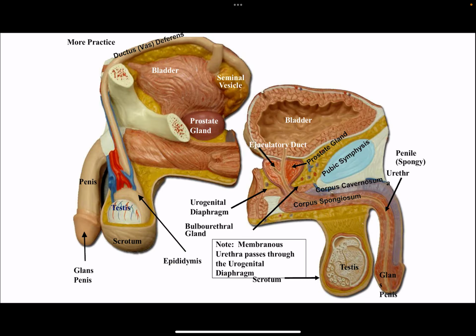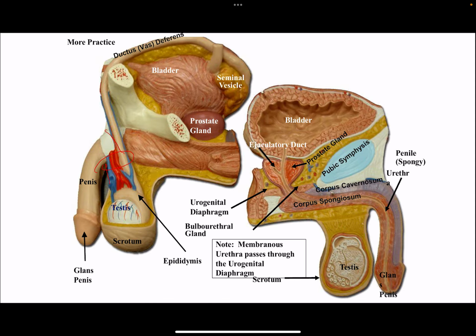So another model. Each model looks different because of how they place the model. So this one is a spermatic cord, blood vessels, vas deferens.